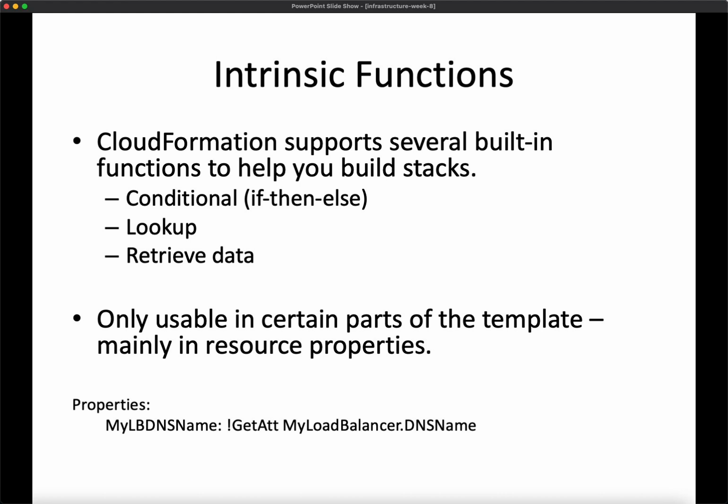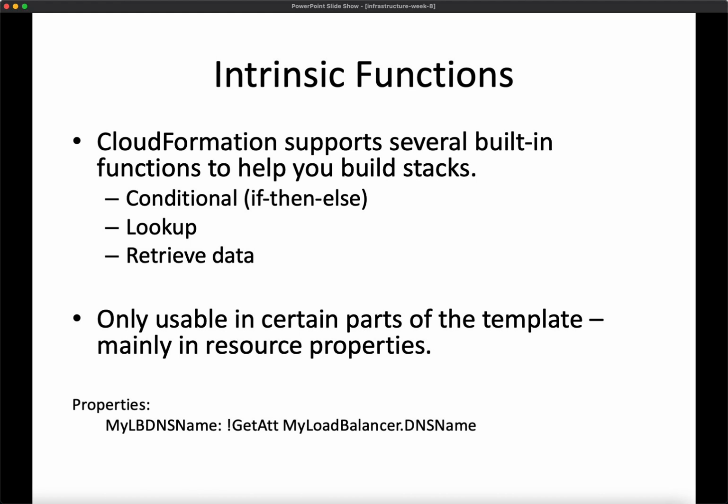They're incredibly helpful in allowing us to build more complicated CloudFormation templates. Now, these intrinsic functions aren't available everywhere within the template. We only use them within certain sections of our CloudFormation template, namely the resources section, which is probably where you would find most of these intrinsic functions being used. You saw an example a short while ago where we were using functions within the outputs section as well.